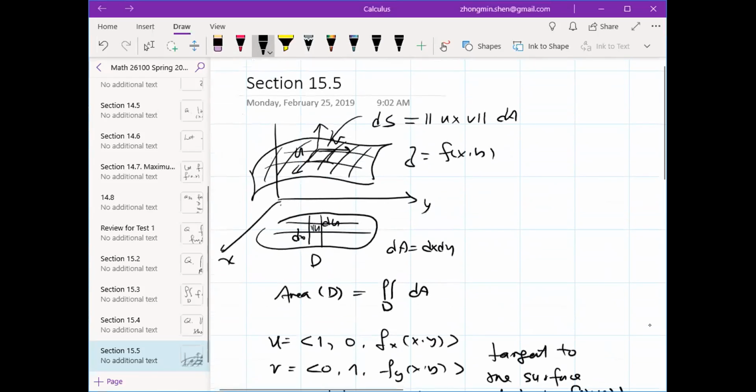This is a du dx cross bar, because this is the small one corresponding to a tiny one in the domain D. So actually it's going to be u dx cross v dy, then take the norm, then dx dy taken out, you get dA.